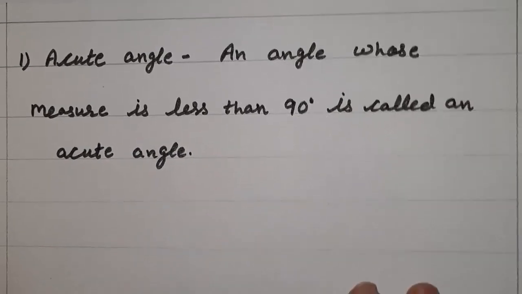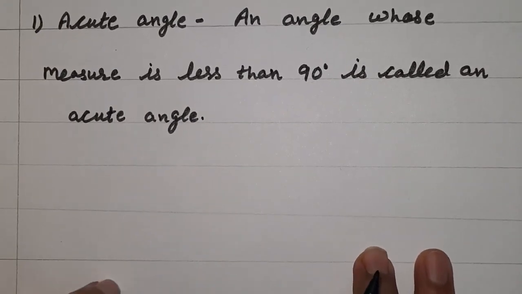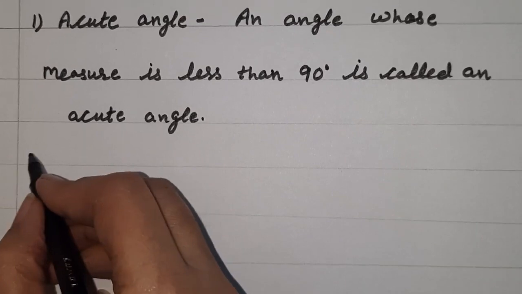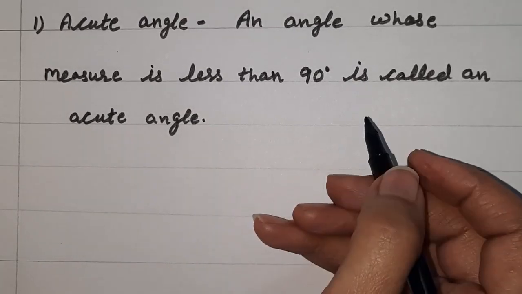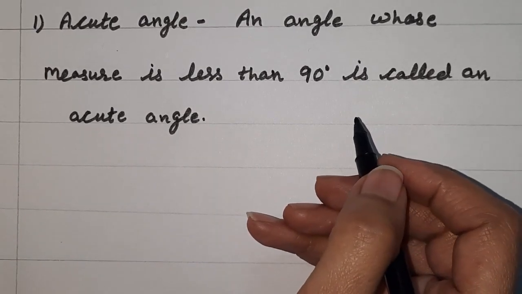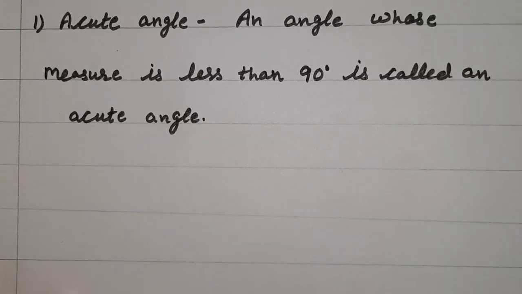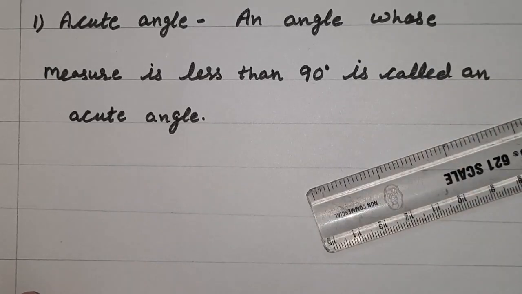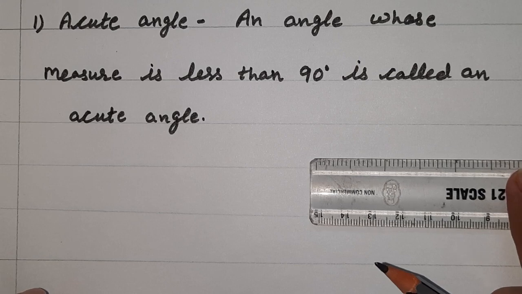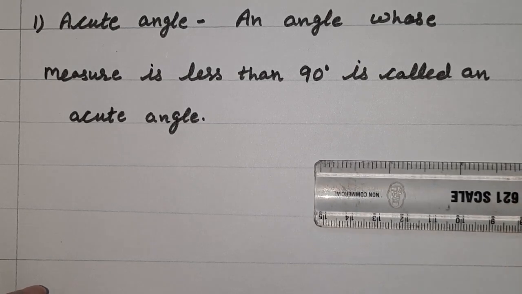Measure means नाप. जिस एंगल का नाप 90 डिग्री से कम होगा, राइट? 90 degree, you know, that is perpendicular.